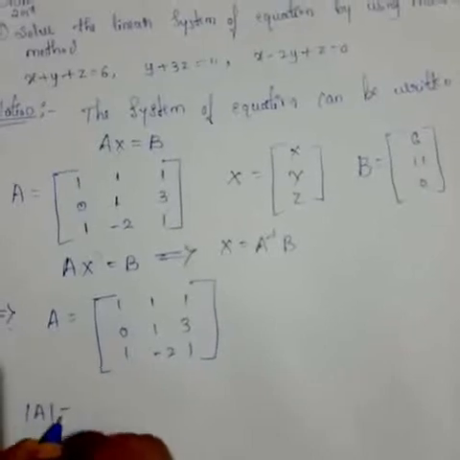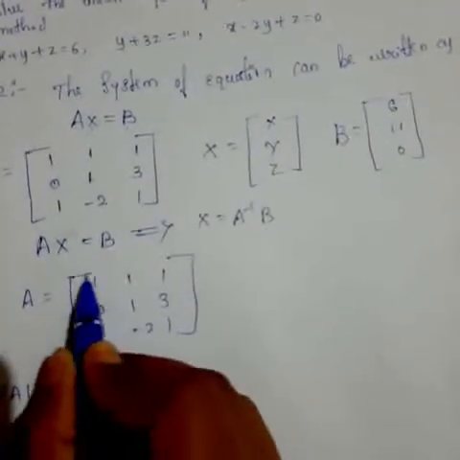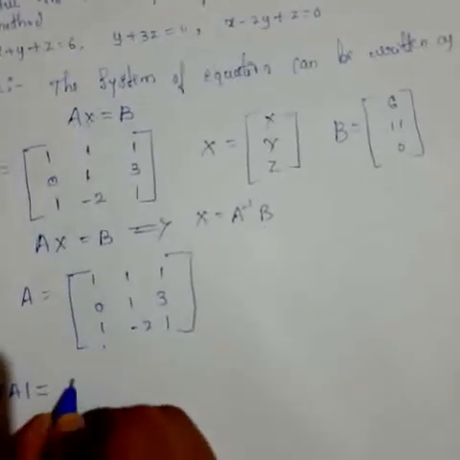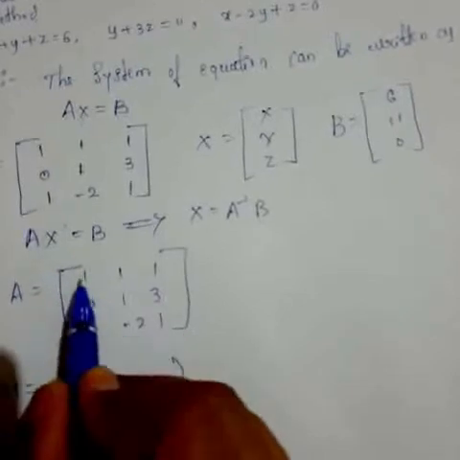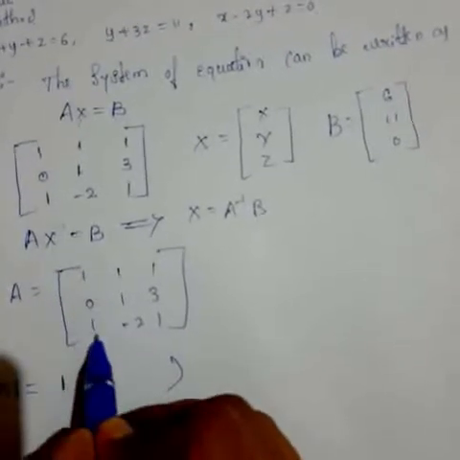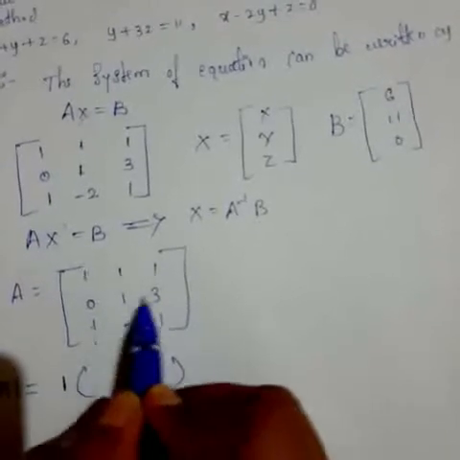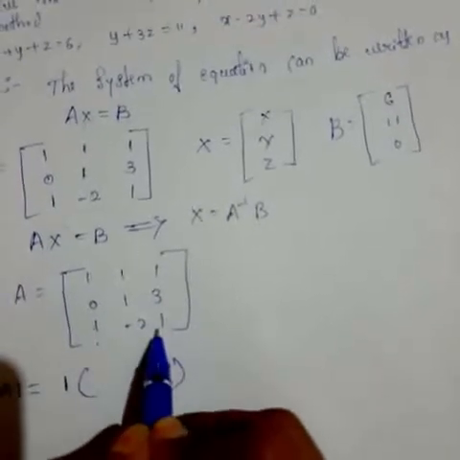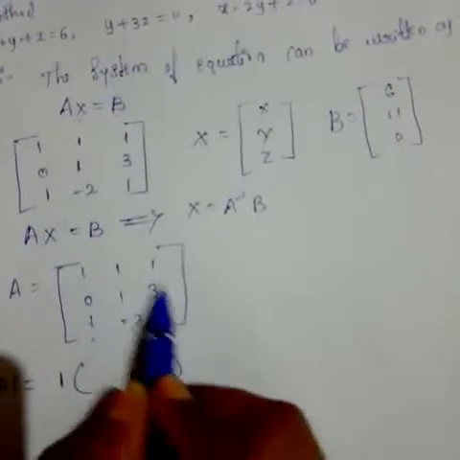You all know how to find the determinant of A. First row, first column is 1. Then we put 1. If we leave the first row and first column, the remaining values are 1, 3, minus 2, 1. We have to find the determinant of this matrix.